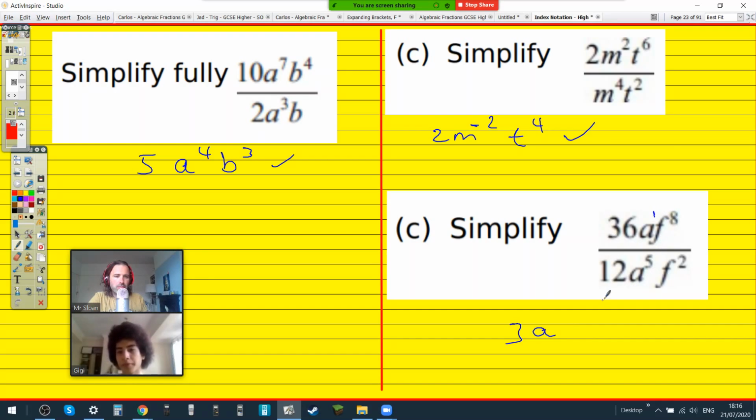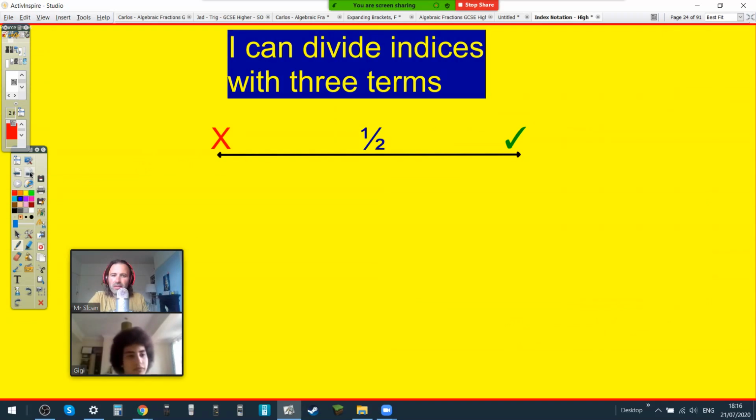I mean 4. And f to the power of 6. And like the previous one, the smaller number, minus. Yeah. -4. Yeah, everyone makes that one.